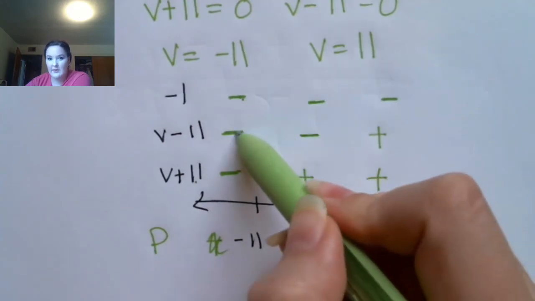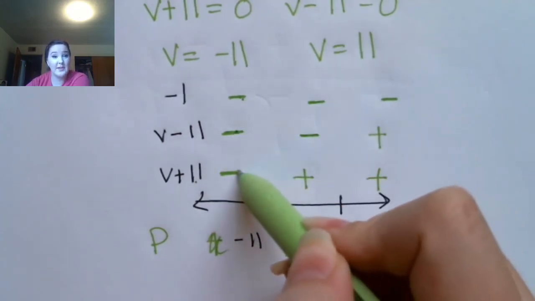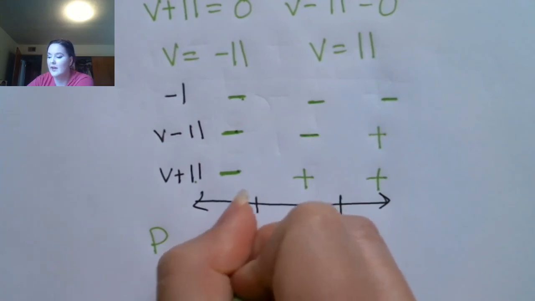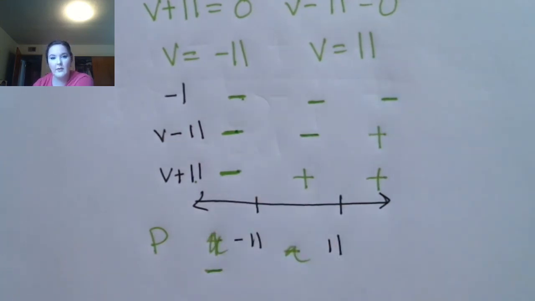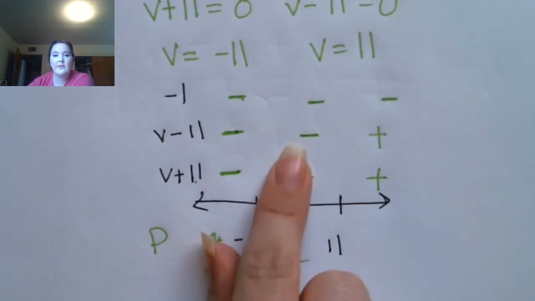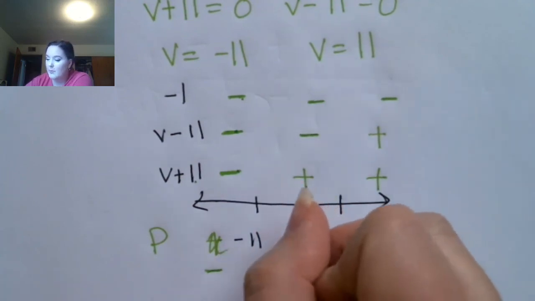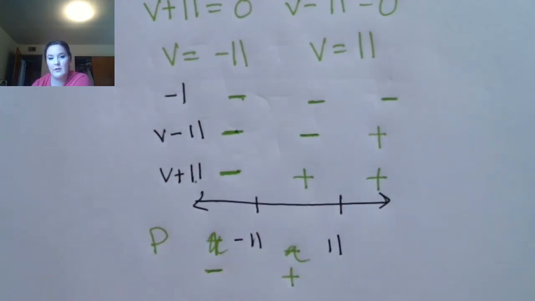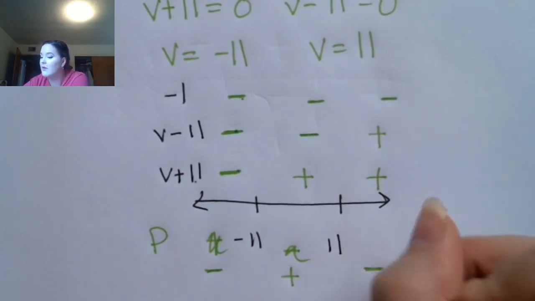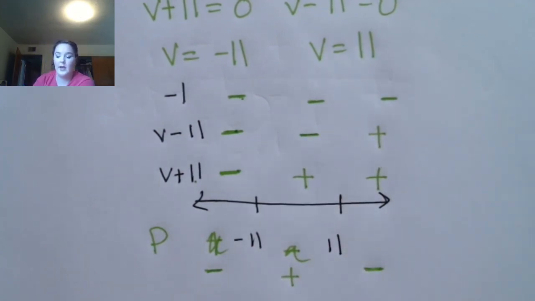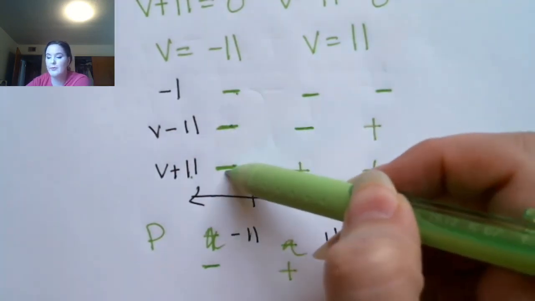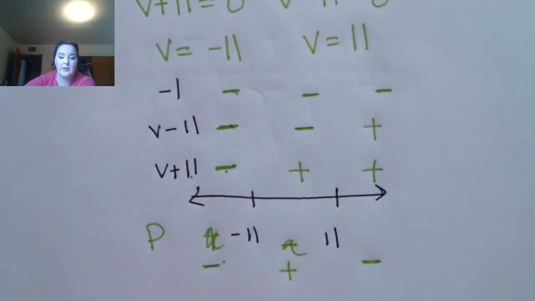Negative times negative is positive, but then times another negative, this is going to be negative. Okay, 2 negatives times a positive is going to be positive. A negative times 2 positives is negative. Okay, so you're multiplying all 3 of these together to get the product.